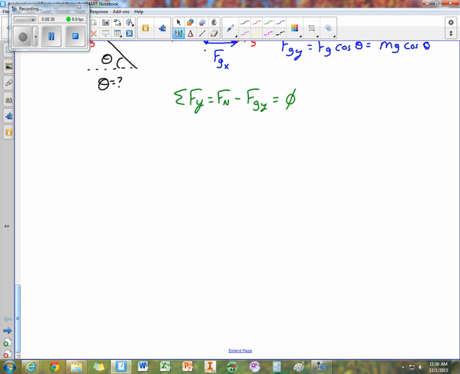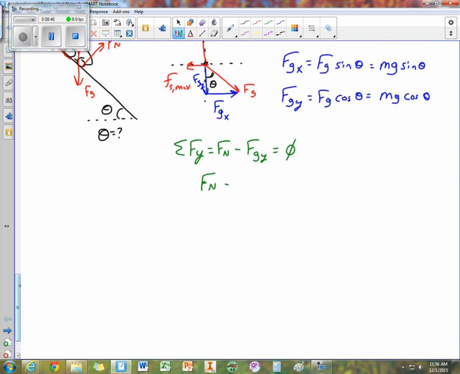Fgy is mg cosine theta, so the normal force minus mg cosine theta equals 0. In other words, the normal force equals mg cosine theta. That's the first equation we need.